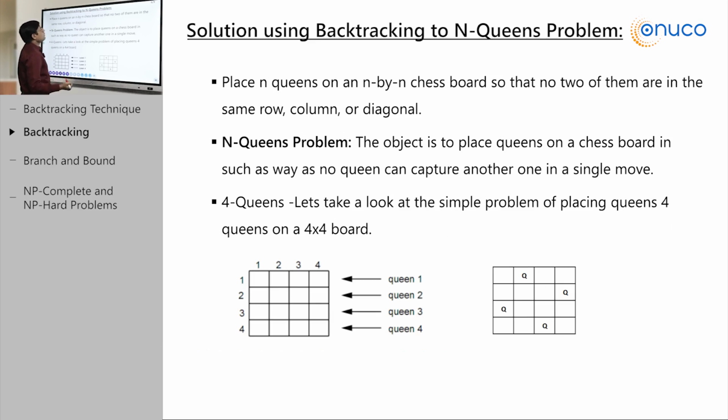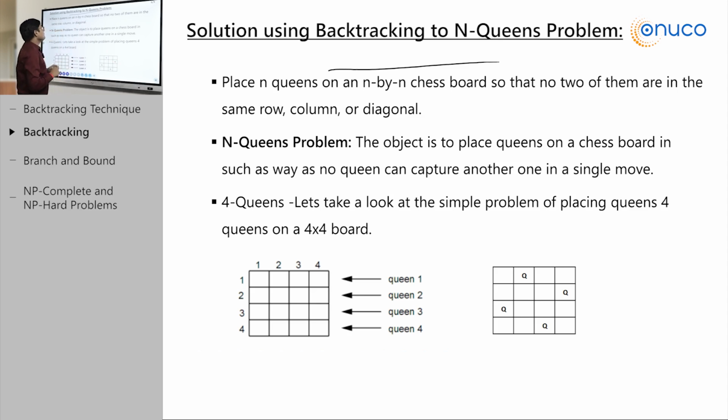Let us see a very important problem under backtracking, called the n-queen problem, and we are going to solve it using the backtracking concept. What is the n-queen problem? I believe all of you have already played chess. Here we are talking about n queens, which we place on an n by n chessboard. We all know the property of a queen: it can move in vertical directions, in horizontal directions, and it can even traverse diagonally.